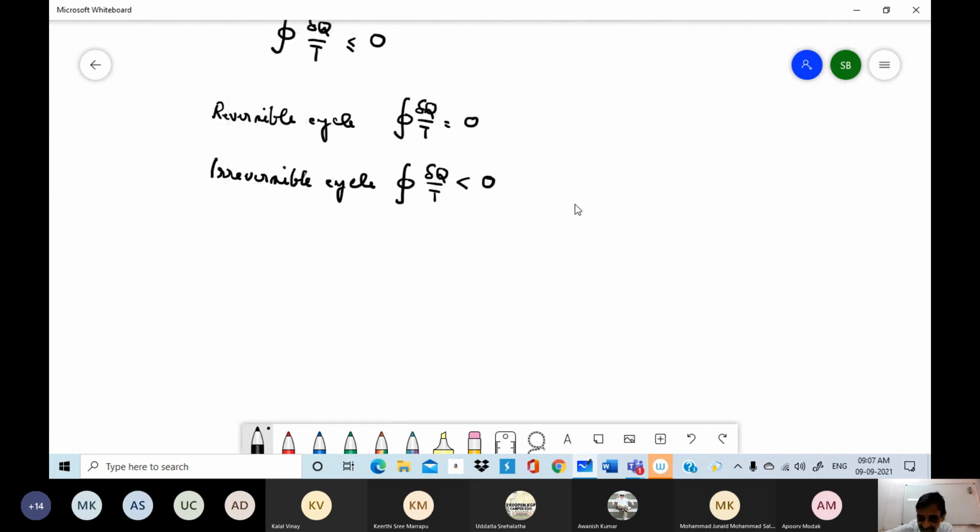Now, once we know this, from a point 1 to a point 2, if you go by two different paths A and C and come back by the same path B, then if all the processes A, B and C are reversible, then this integral would be, so the contribution from A and the contribution from B would add up to 0, contribution from C and contribution from B would add up to 0.